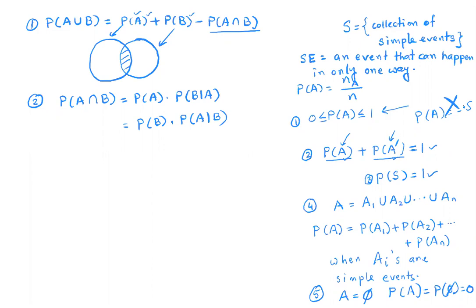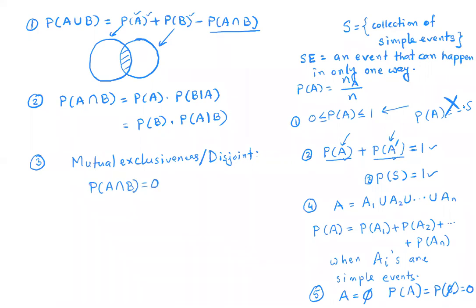Now, another thing we talked about is mutual exclusiveness, or disjoint. It means that the probability of A intersection B is 0.